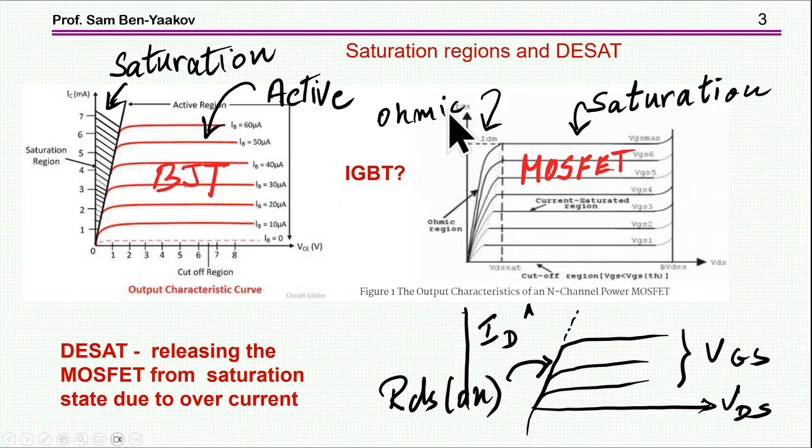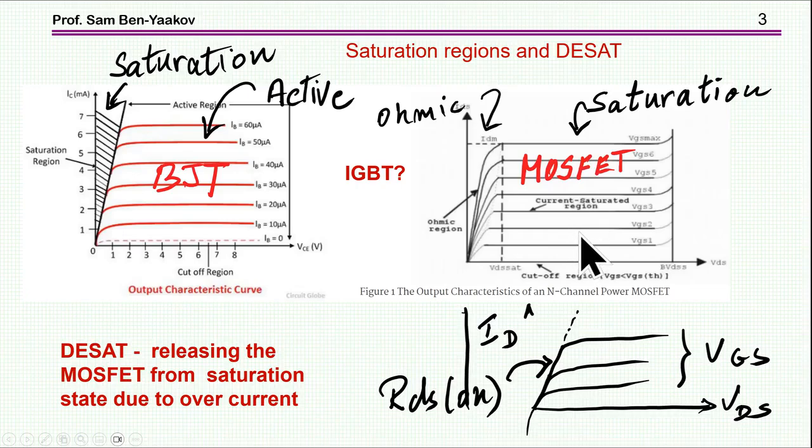And this is the collector current. Now, the correct terms for the different regions are, for the BJT, this region is called the active zone, while this region is called the saturation. This is the terminology used for BJT. On the other hand, for the MOSFET, for reasons that I really have no clue why, this region is called saturation.